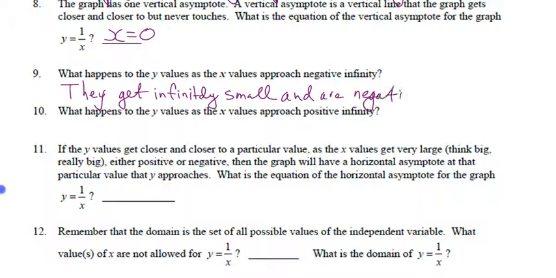And answer the next one. Same thing, only they're positive. So we can get y values as large as we want. We can get y values as small as we want, but we cannot get a y value of 0.